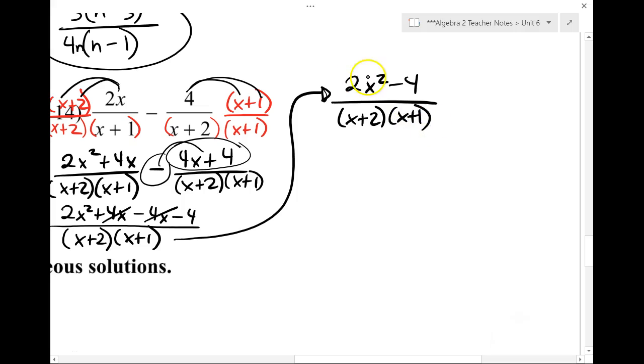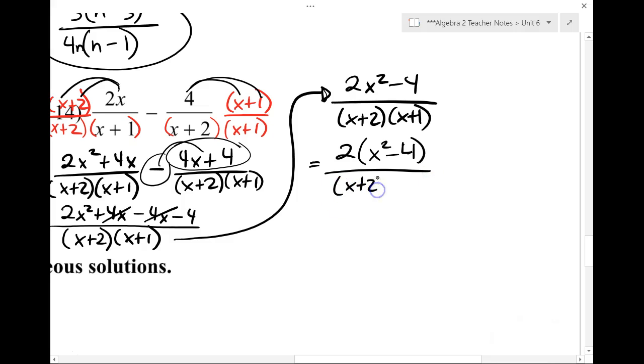And if you haven't already guessed it, let's try to get a GCF off of the top of there. So, let me think. Well, I could take out a 2, but I can't take out x from the other term. So it looks like I'm going to just have 2 out of there, and x squared minus 4.